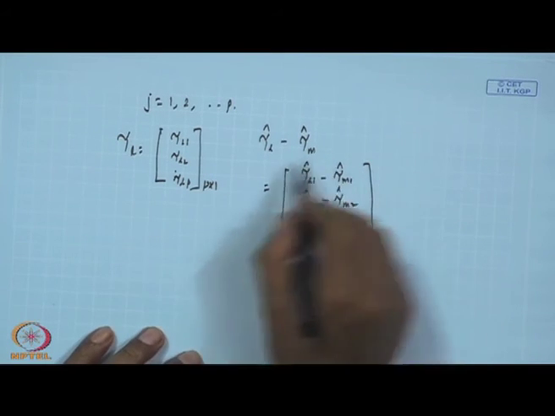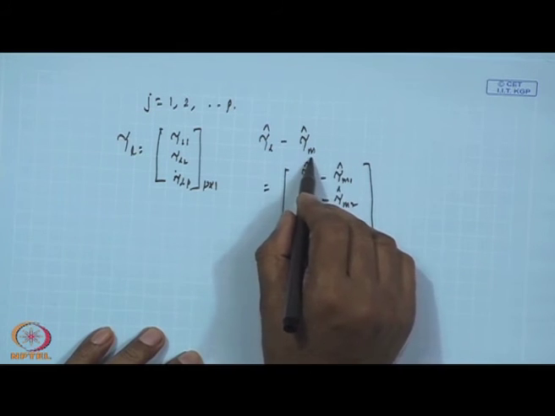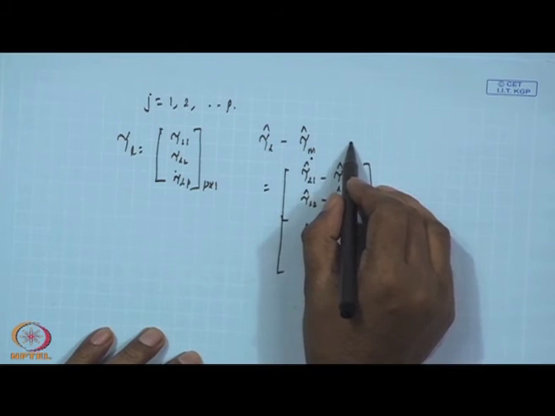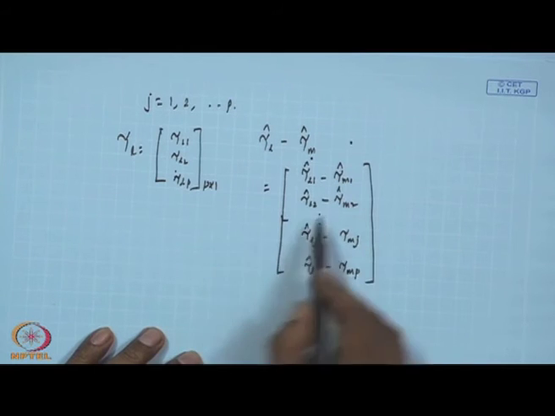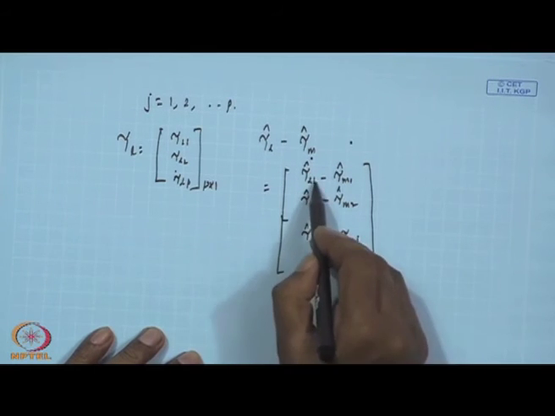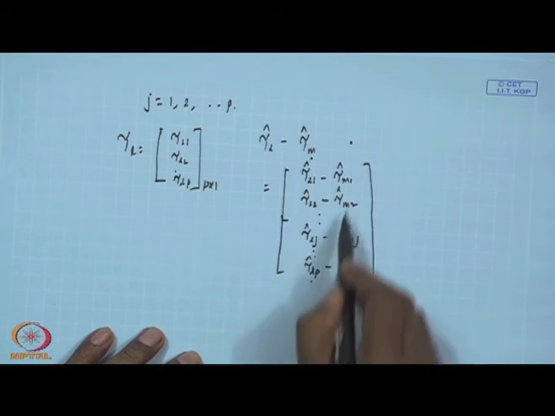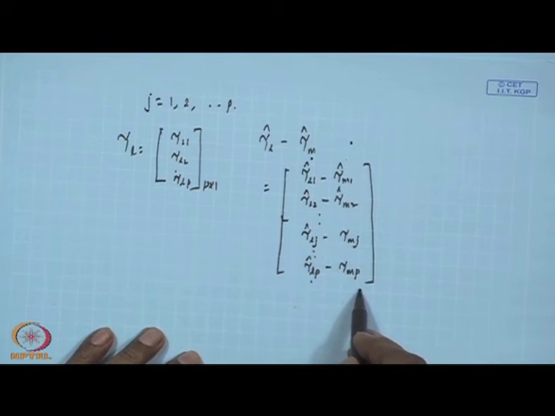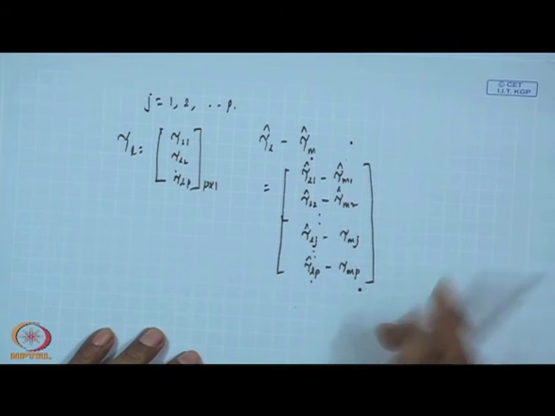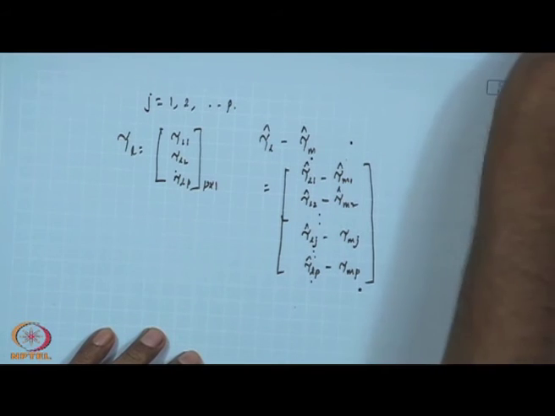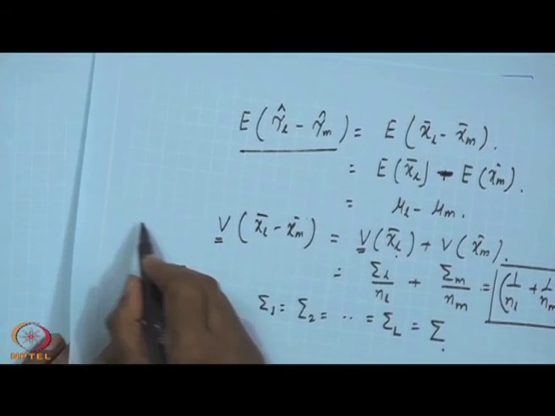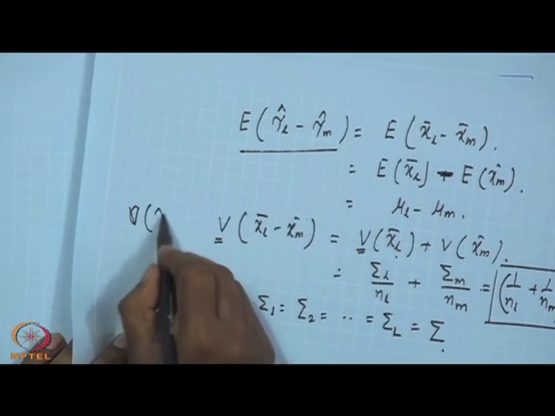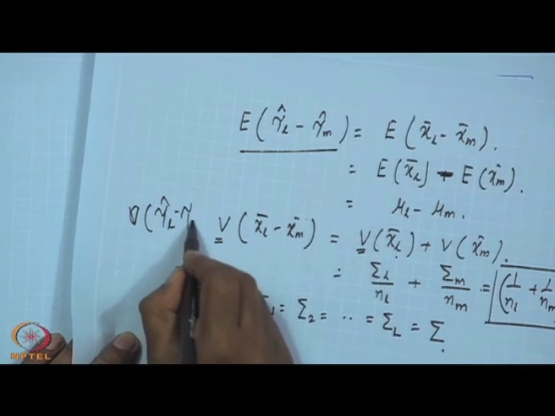If I say that tau L minus tau M is not equal to 0, that means the vector tau L1 to tau Lp is not equal to tau M1 to tau Mp. We have seen the variance-covariance structure and the expected value of tau L cap minus tau M cap.